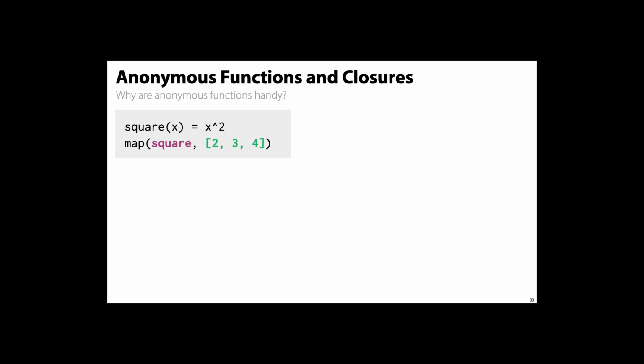So why are anonymous functions handy? Consider this example. We want to map the square function onto the elements, the green elements here. So I want to apply square to 2, 3, and 4. Square is here a function that takes the argument and then squares it.